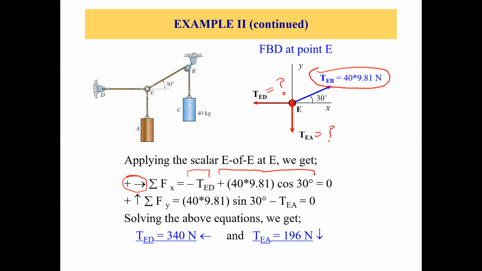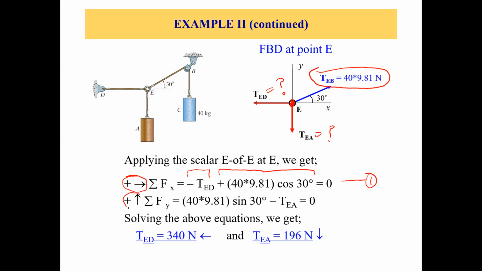And TEB we already know, 40 times 9.81, equals 0. So we are done with equation 1, the equation for sigma Fx equals 0.